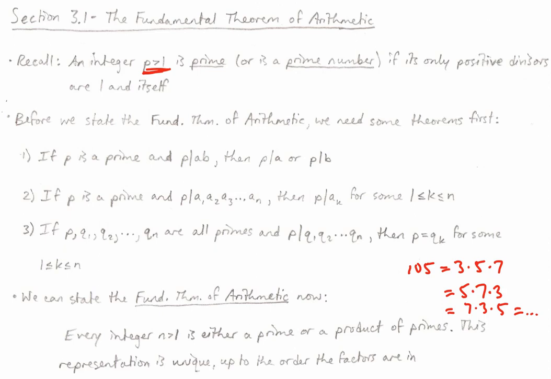The up to the order the factors are written in part means that saying 3 times 5 times 7 as opposed to 5 times 7 times 3 doesn't mean that we're talking about two separate numbers here. They're both talking about 105, but just the order in which we write the factors does not matter, which we all know because we've heard that many a time when we've done multiplication.